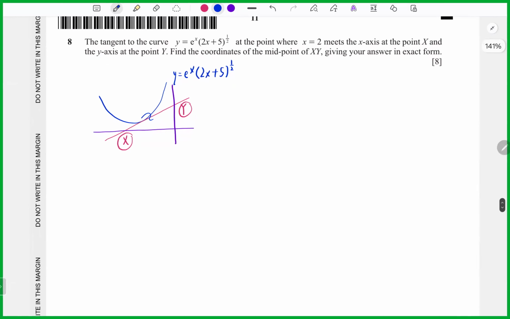At x equals 2, you can take y equals e^x times (2x plus 5) to the power 1 over 2.